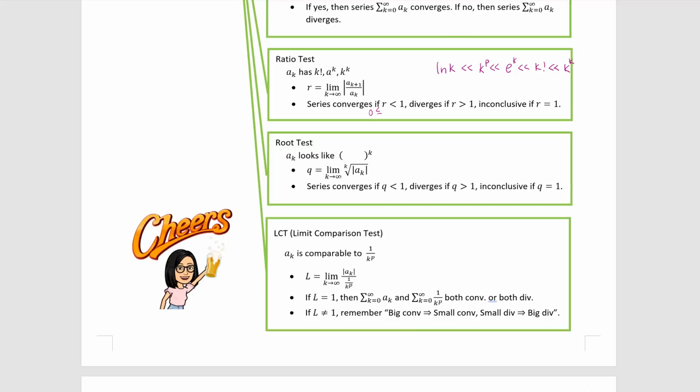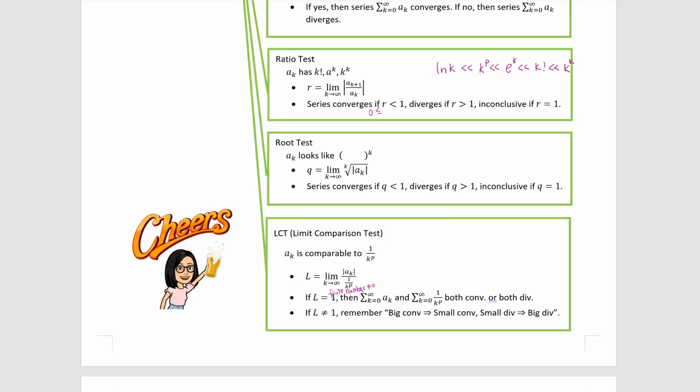If L is 1 or any number, it's not necessary to be 1, it means it is a finite number which is not 0, then both series either both converge or both diverge.